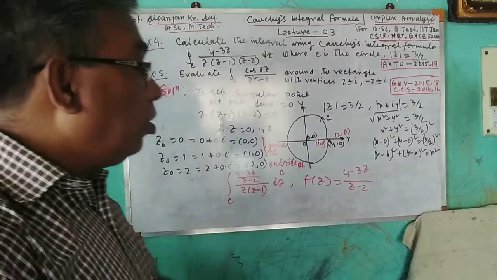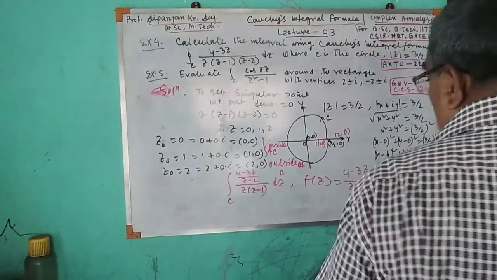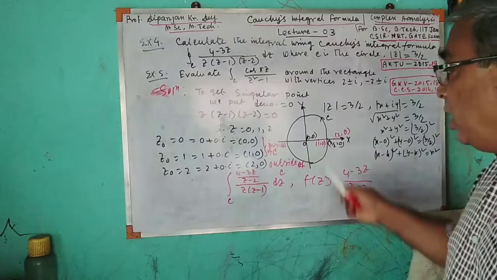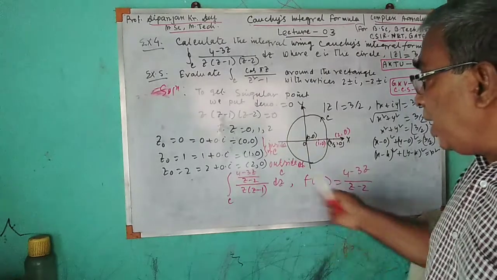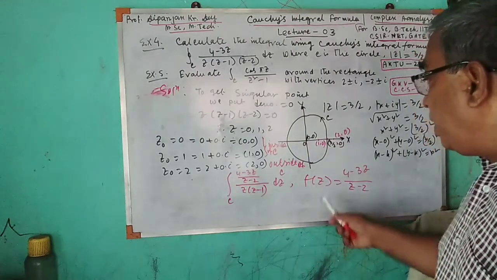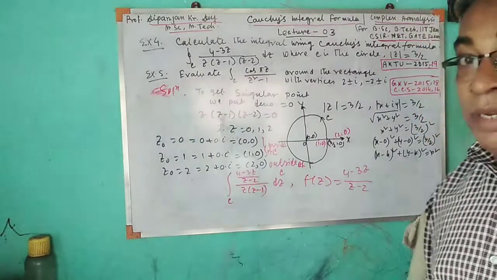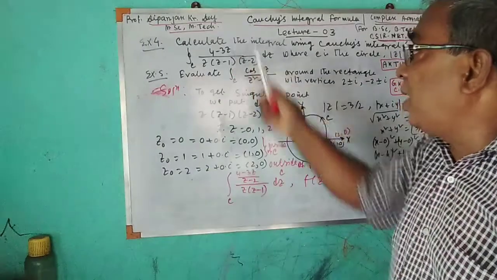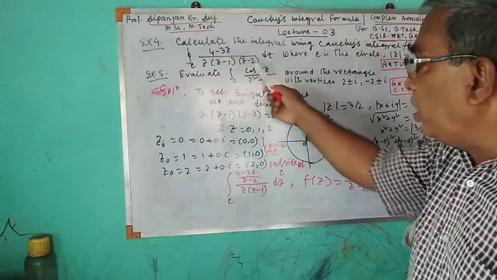Suppose all these 3 points were inside the circle, then what would f(z) be? f(z) would be only 4 minus 3z, because all these singular points I told you about are inside the circle.